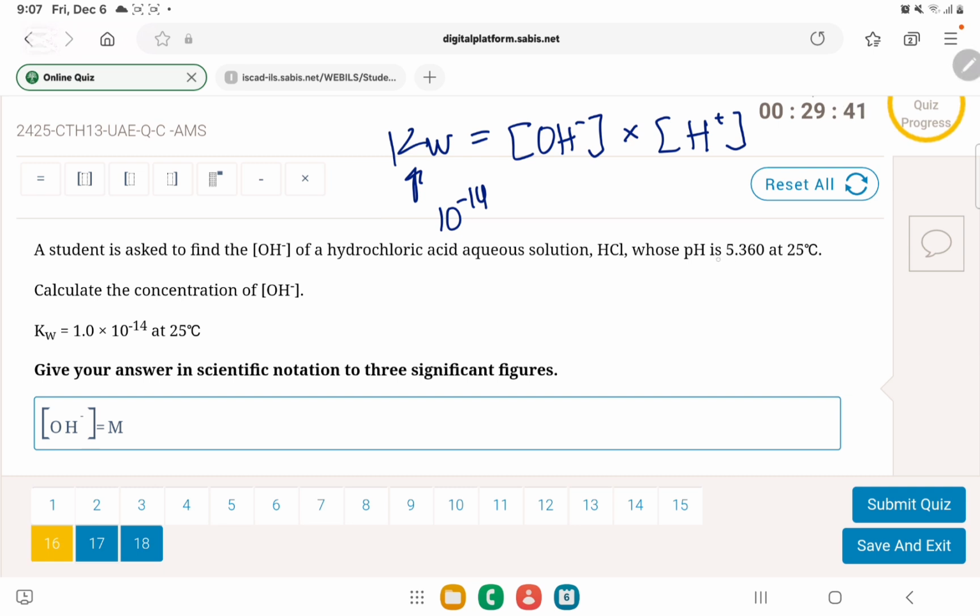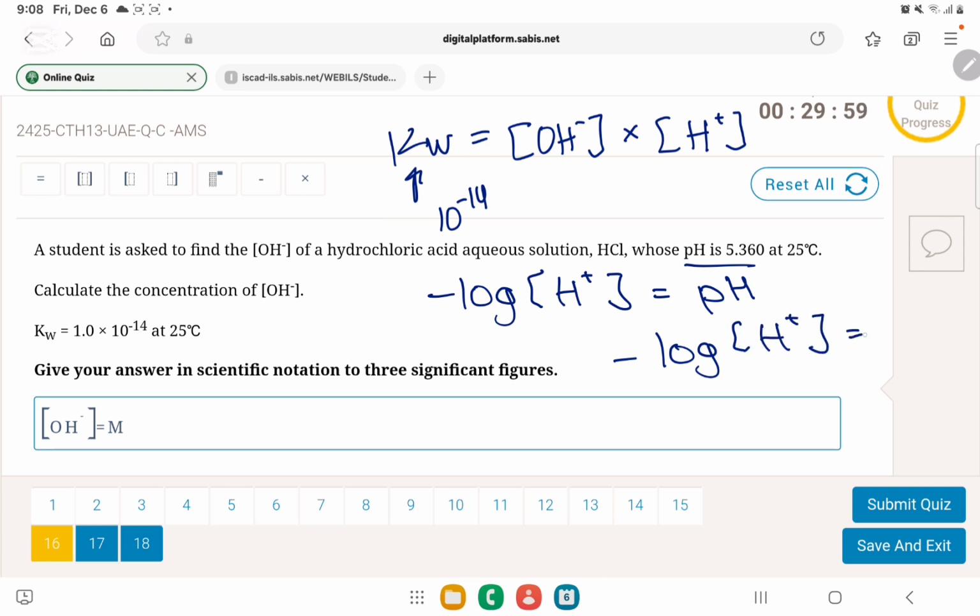To find the concentration of H plus, since they gave us the pH, we're going to use the formula negative log of H plus is equal to the pH. So negative log H plus is equal to 5.36.